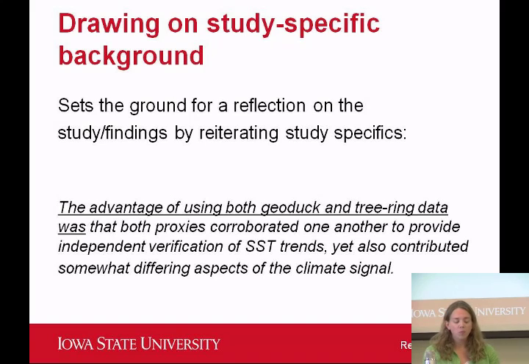And we use this step to help remind readers of some of these important specific study details that are relevant to the particular findings. They can help the reader really understand how the results were obtained, and also help draw connections between certain study specifics and the results that you found.